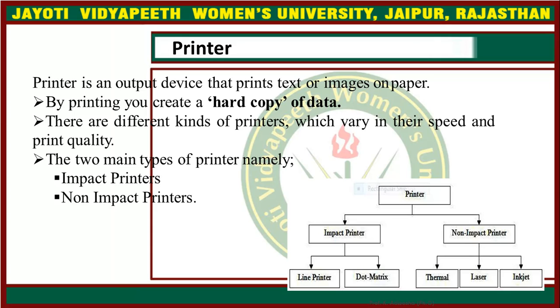By printing you create a hard copy of data, and there are different kinds of printers which vary in their speed and print quality. Two main types of printers are impact printers and non-impact printers. Impact printers are divided into line printers and dot matrix printers, and non-impact printers are divided into thermal, laser and inkjet printers.